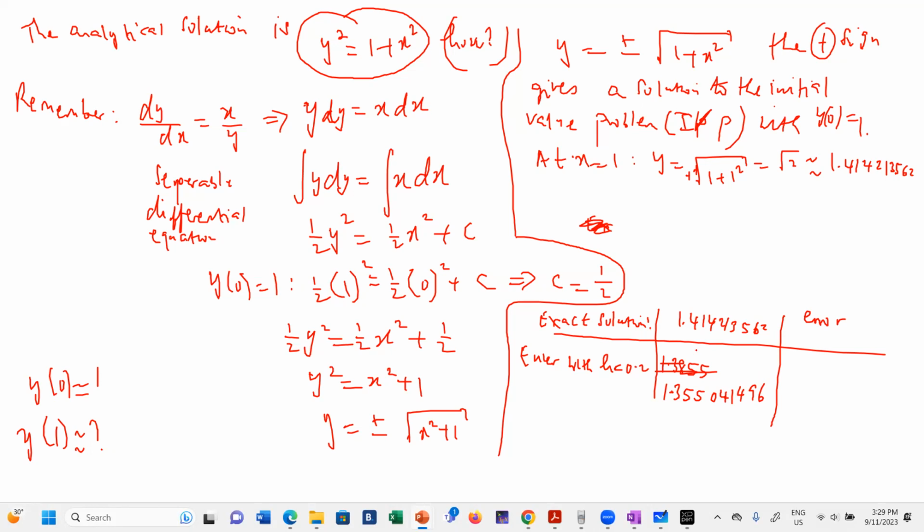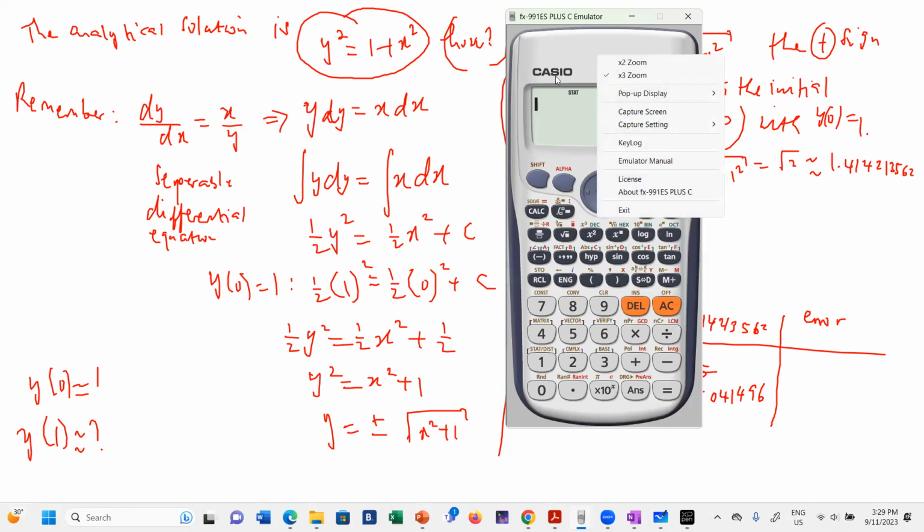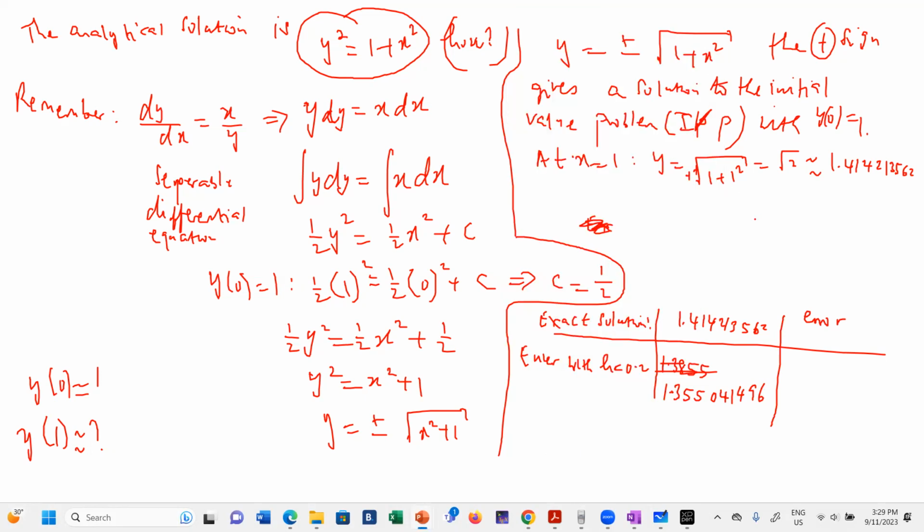So let's just do that one. Now we can move on. Right, so let's just find the difference here. So we have the exact, which is 1.414213562.